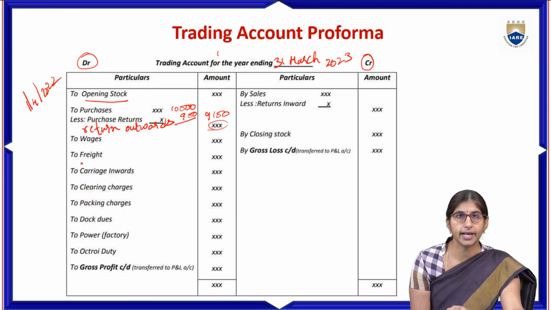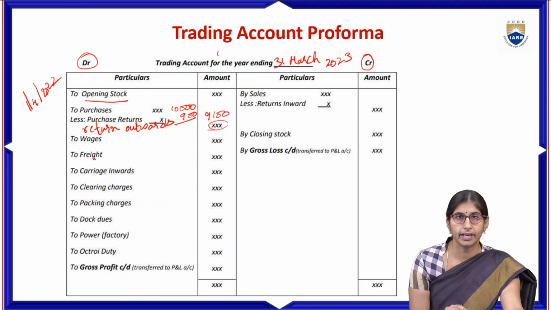Now coming to the next item, freight, or freight charges. Freight charge means we do transportation of goods, or we may be buying goods from outside the country. Sometimes we transport through different sources like airways, railways or roadways.